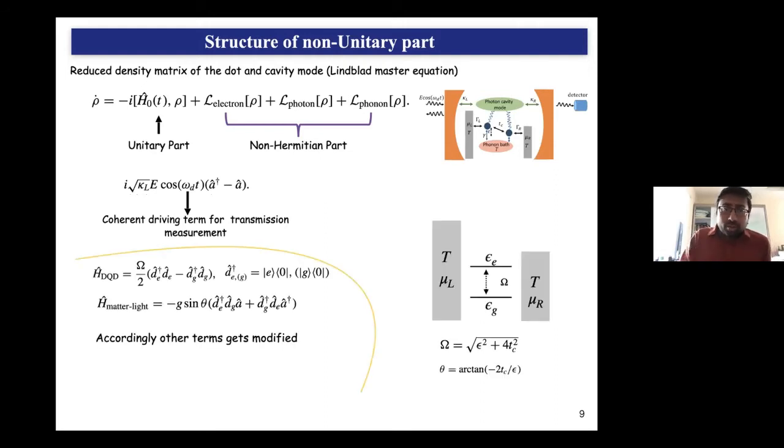Okay, one caution: when you write this Lindblad equation, what we should do is write it in the global basis, in the sense that we should diagonalize this Hamiltonian and then write the Lindblad equation. When you diagonalize, because of this rotation, it's a 2 by 2 rotation, it gives you this cosine theta and sine theta that are related to this epsilon, which is the detuning, and Tc, the coherent tunneling.